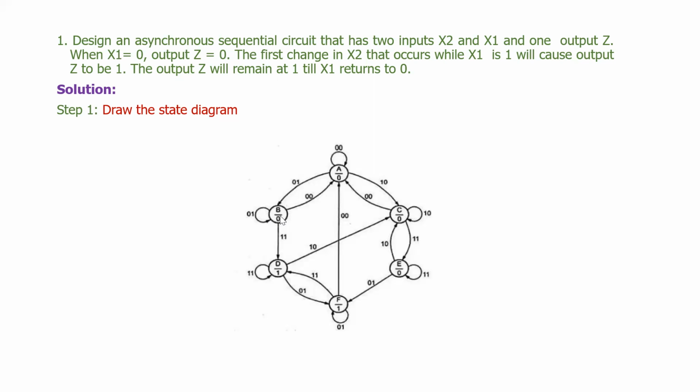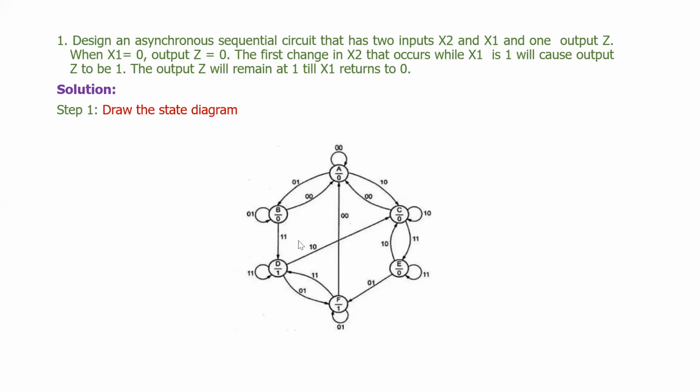Now from this state, we have to consider two states. One is 0, 0 and another one is 1, 1. When it comes to 0, 0, what is the output? x1 is 0, so output is equal to 0, and it returns to the initial state.